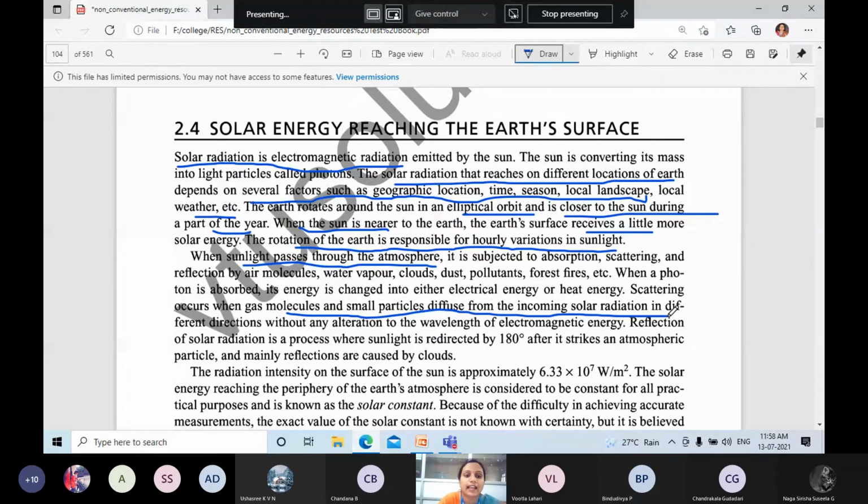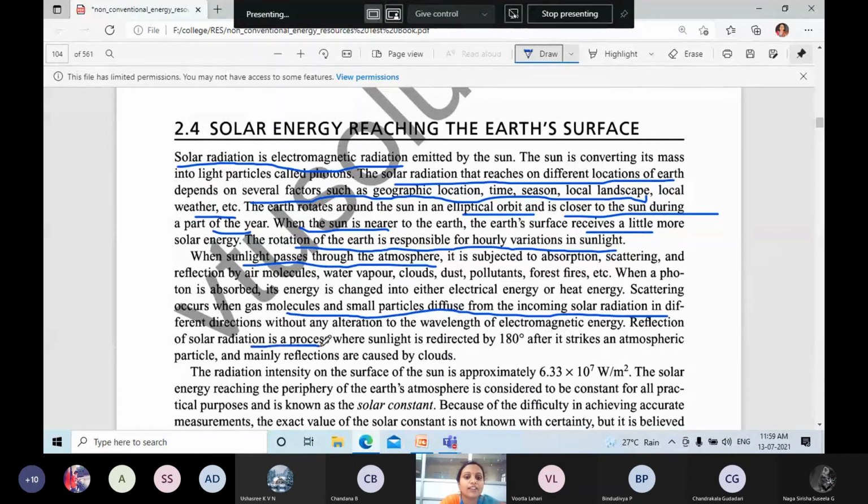Okay, scattering will occur when gas molecules and small particles diffuse the incoming solar radiation. Gas molecules and small particles will be there, and when the radiation collides with the gas molecules, it is sent in different directions without any alteration to the wavelength of electromagnetic energy.